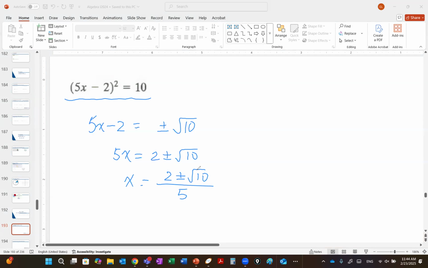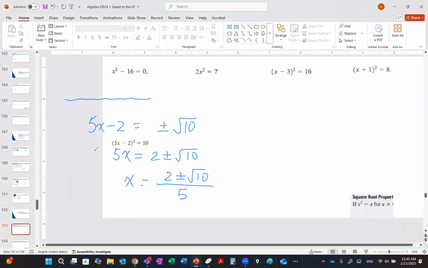One is 2 plus square root 10 over 5. The other is 2 minus square root 10 over 5. There are two answers here. Right now, we're introducing some irrational numbers here. All right. It's not whole numbers anymore. Previously, when we factored, we were based on whole numbers. Right now, it's not. Okay. You can do this now. All right.